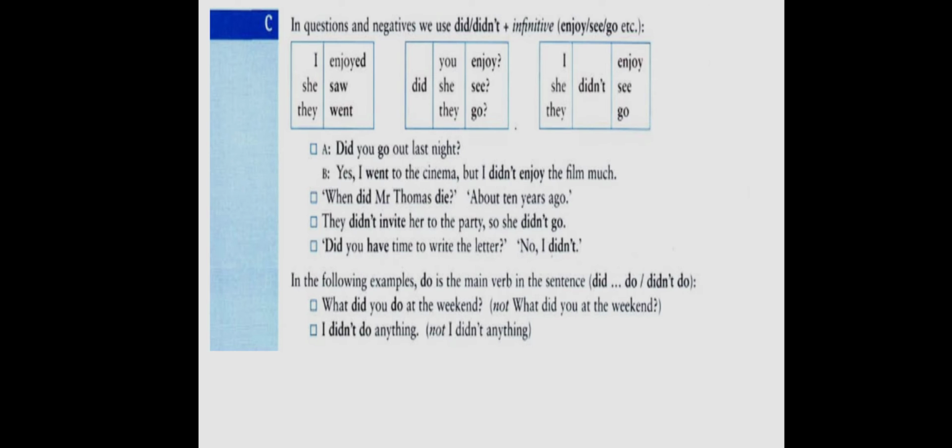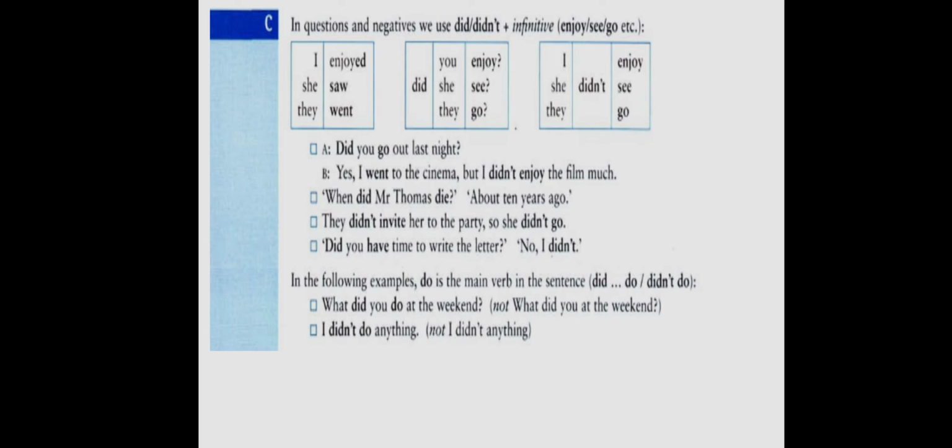But in the past simple, what is the past of do or does? The past of do or does is did. So we must use did for the question if it is in the past simple. So I enjoyed in the question becomes did. We bring did forward before the subject, and then comes the subject, I changed into you.